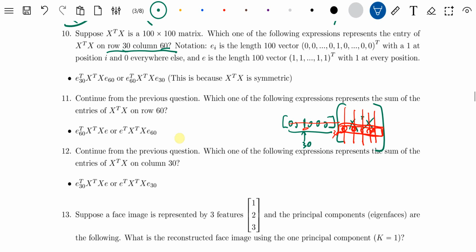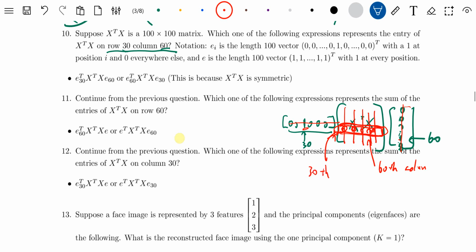And then you should post multiply something as well. So 0, 0, 0, say there's a 1, and everywhere else is 0. That 1 should be at position 60. So we have this vector multiplied by this thing, and it's only picking up the 60th column, and this thing is the 30th row.